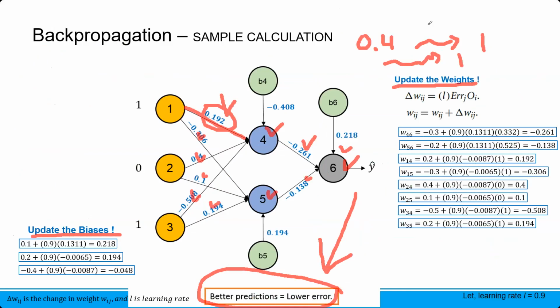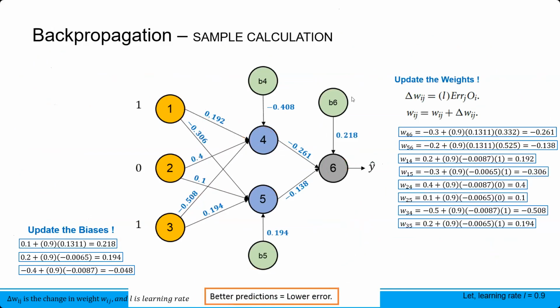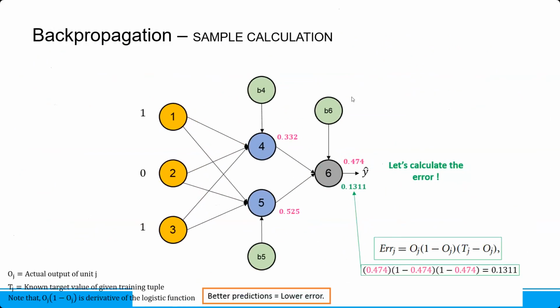Now the error rate is quite high based on the calculation. Based on this calculation, the error rate is 0.1311. We need to reduce it until the least error, and then we will use that one.